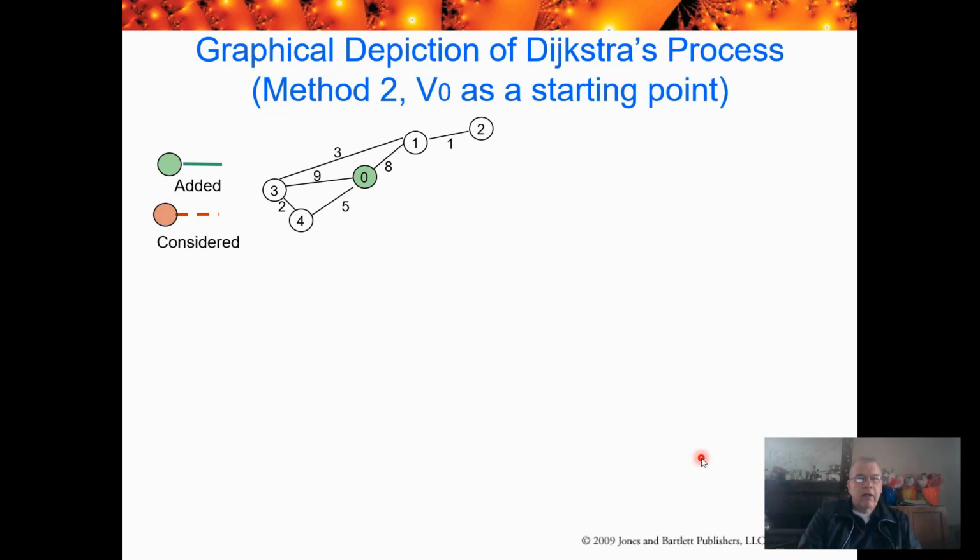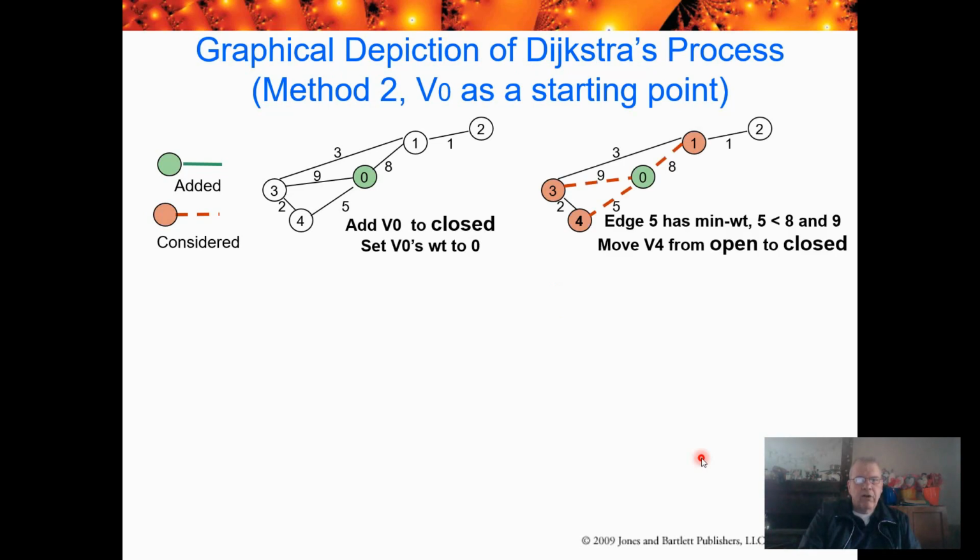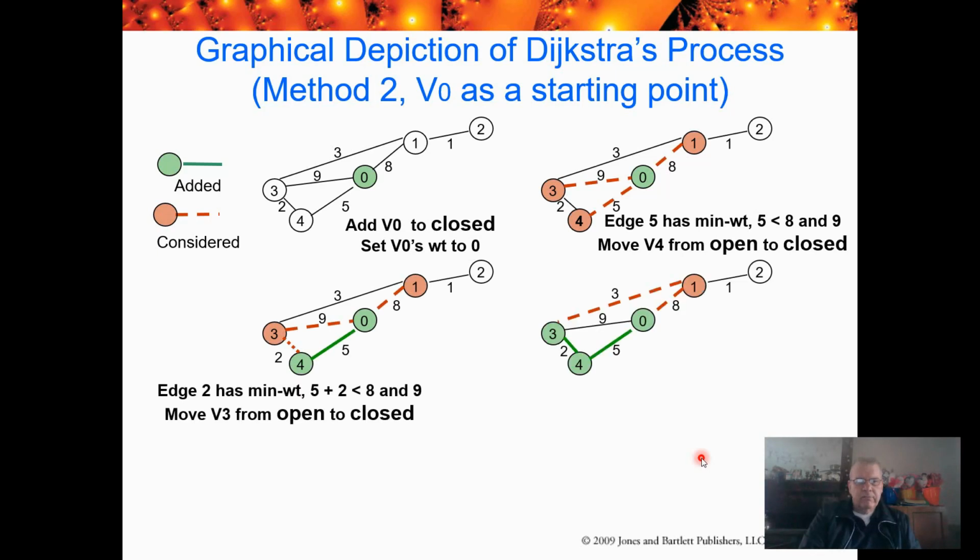So here's the same graph. Add V0 to closed. Consider it's exactly the same graph, the same picture. Move V4, since 5 has minimum weight, move V4 from open to closed. And by the way, when you add V4 to closed, vertex 4, you set a backpath.